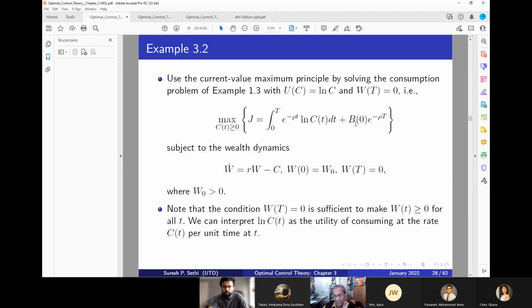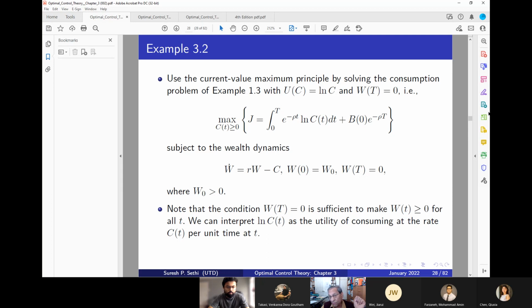This is a constant. It is the value of the bequest, but the bequest is zero. It could be whatever it is: zero, one, five, minus 10. Doesn't really matter. It is a constant.